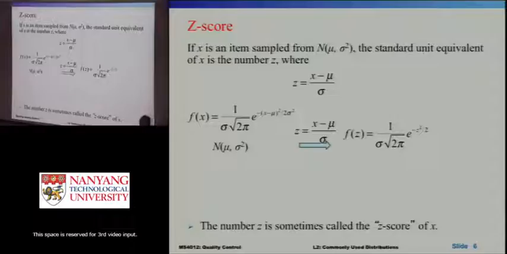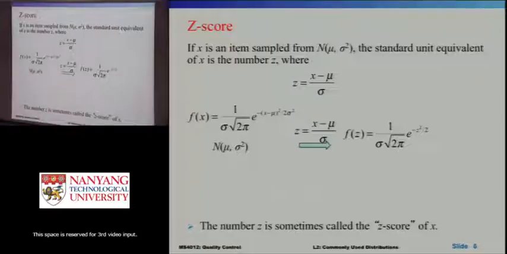Now I ask you a question. After we convert x to z, can sigma be an arbitrary value? Yes or no?